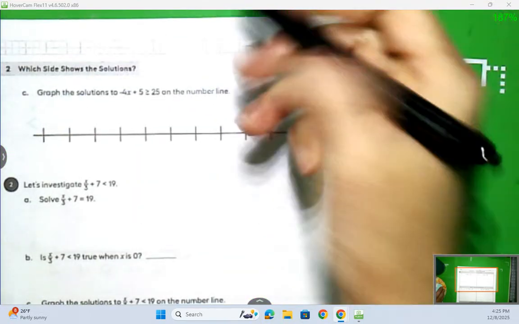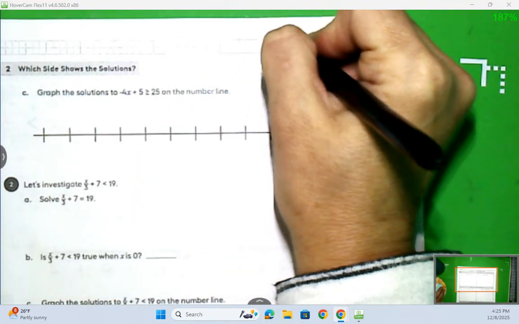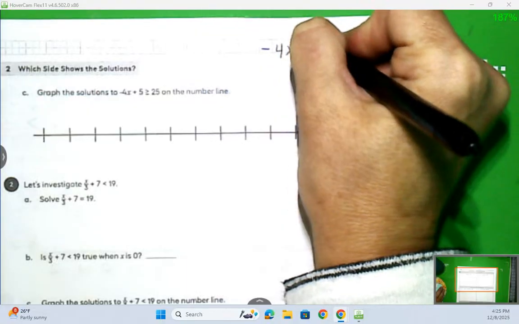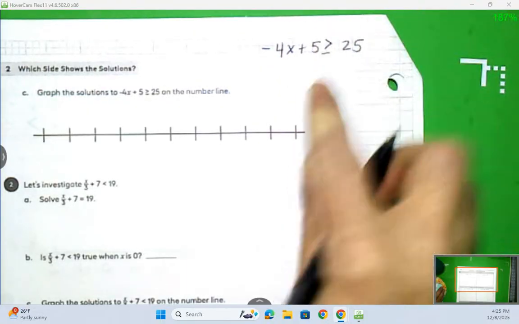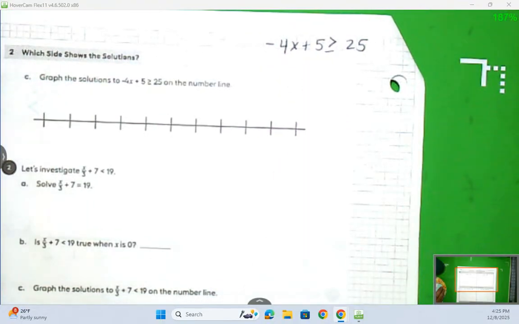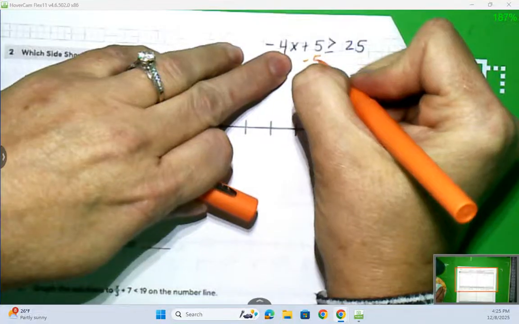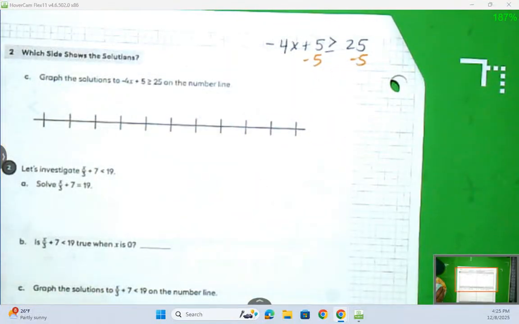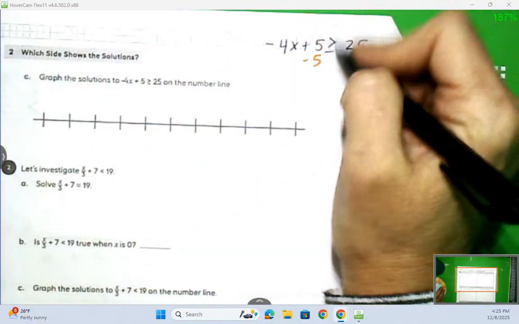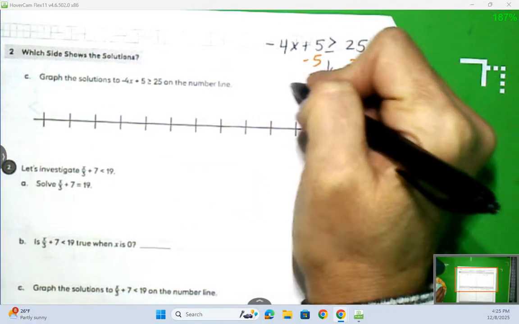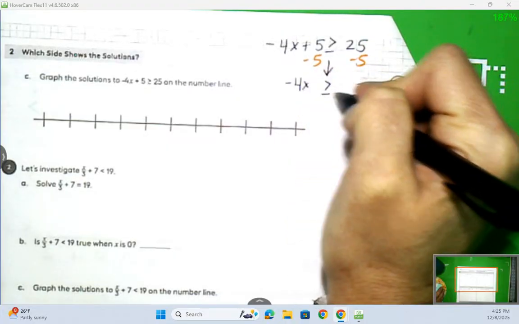Okay, so we're going to copy the equation: negative 4x plus 5 is greater than or equal to 25. Using our inequality symbol, we're going to subtract 5 on both sides. That gives us negative 4x is greater than or equal to 20.